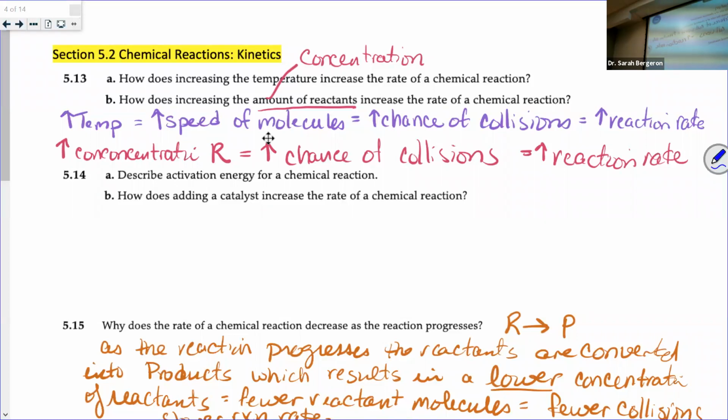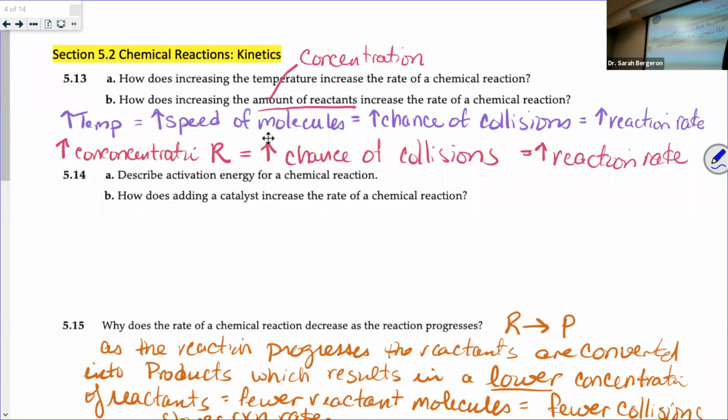So in order for a reaction to go, molecules have to get close enough to one another that they actually hit each other, that they actually collide. So that's why I think about cars actually hitting and impacting one another, right?